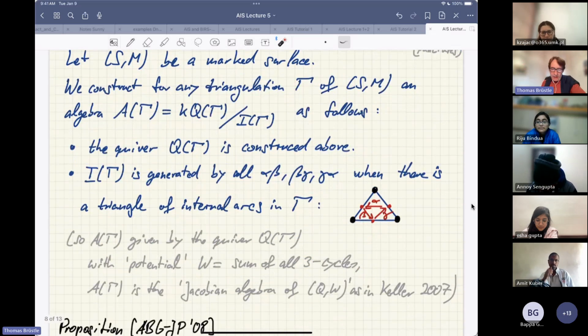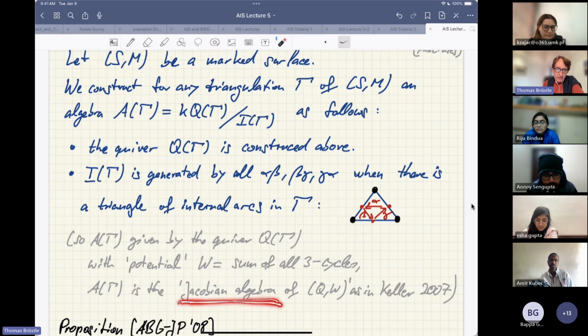In the meantime, a more general story has been developed by people coming from physics. They would consider a potential W on this quiver as the sum of all the 3-cycles. This is one 3-cycle, and then our algebra in their language would be the Jacobian algebra.